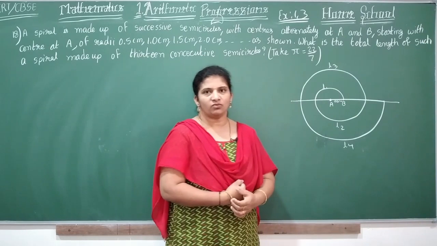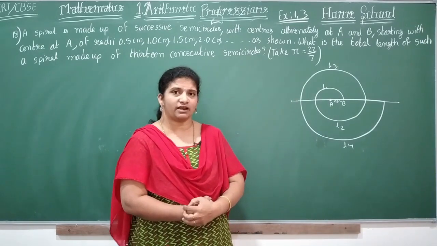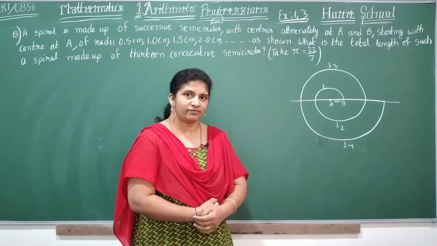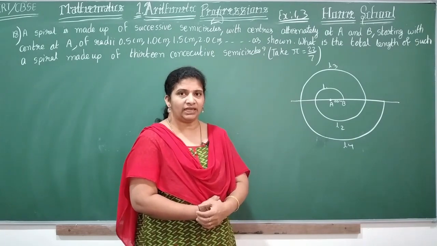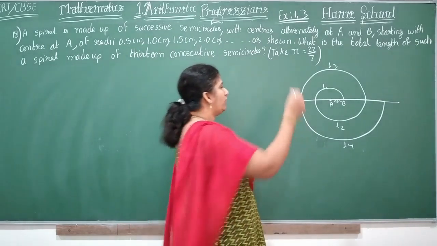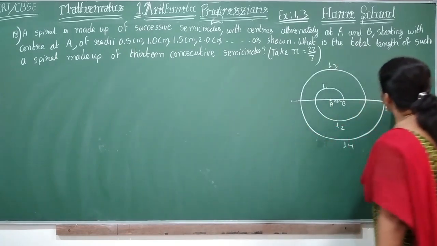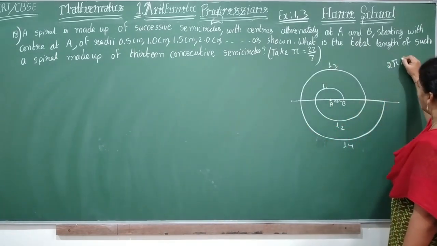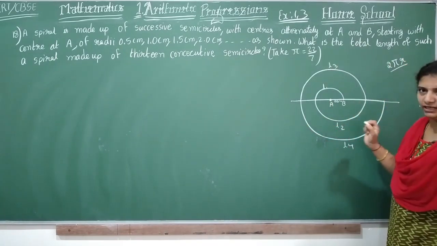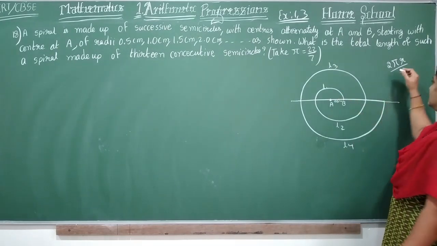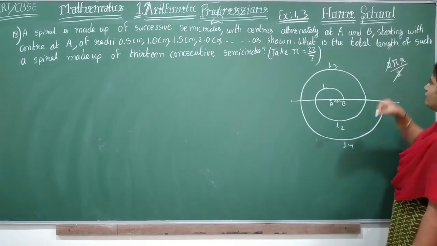You remember, children, what is the circumference of a circle? It will be 2 pi r. But I don't want a circle, I need a semicircle. Semicircle means half of it.